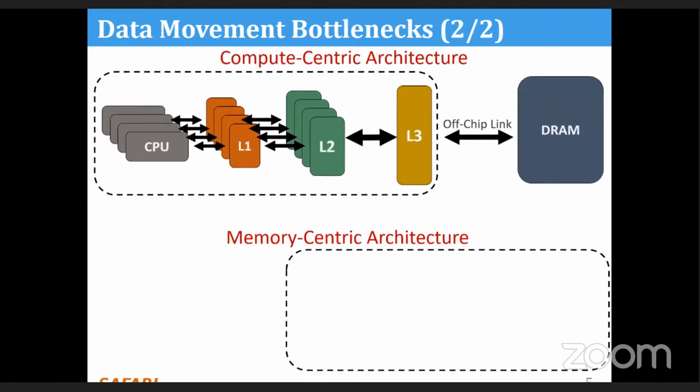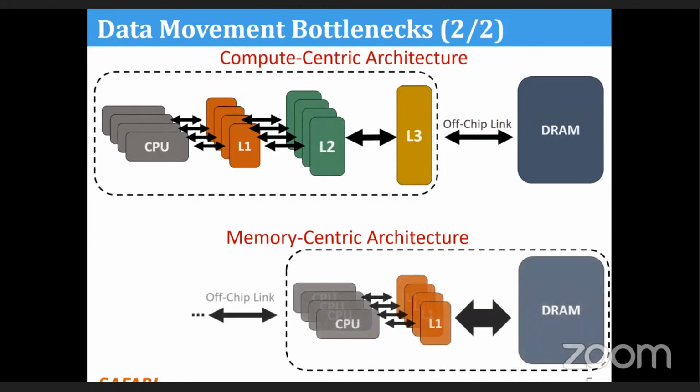And in this work, we are going to compare compute-centric architectures with memory-centric architectures. These are our assumptions, by the way. For compute-centric architectures, we focus on CPU, where we have a deep cache hierarchy with 3 levels of cache. That's something that we are not going to normally have on a memory-centric architecture, where the processing elements or the cores are closer to DRAM, and typically we don't have such a deep cache hierarchy.